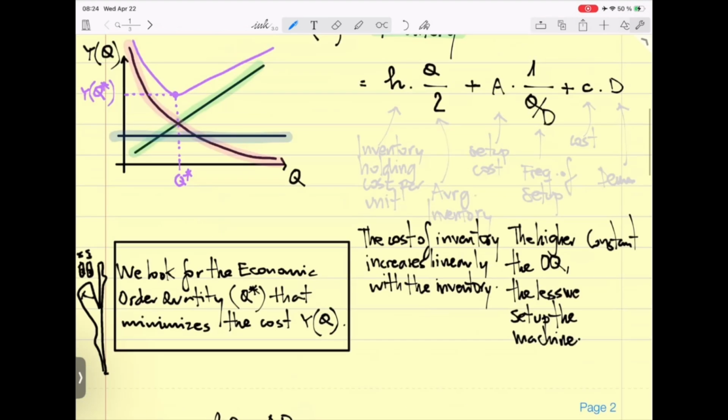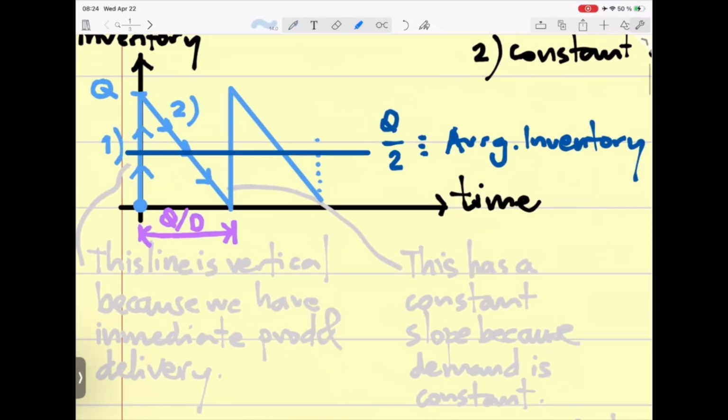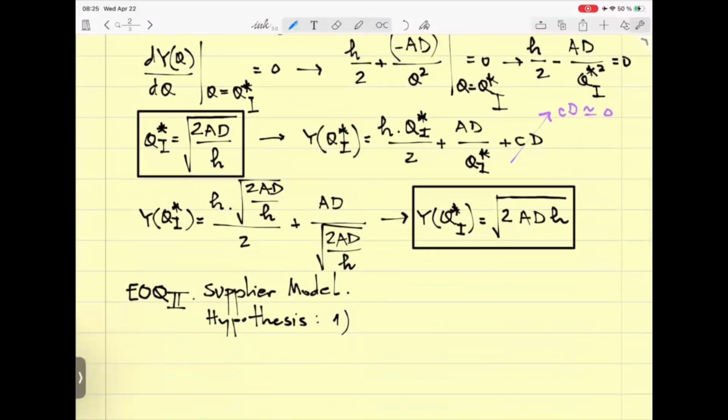Right after hitting 0, the inventory just jumped back up. In the second model, we accept stock out.